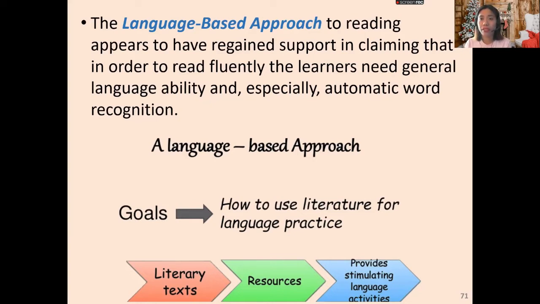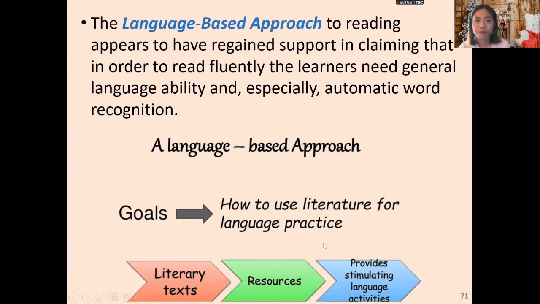Our goal here is, of course, making use of literature so that the learners can practice the language. Literary texts, okay? And then we have here resources, and then provide stimulating language activities. So the literary texts are the resource that we have, and from that, we can provide stimulating language activities to our learners.